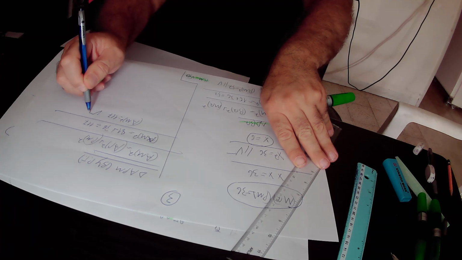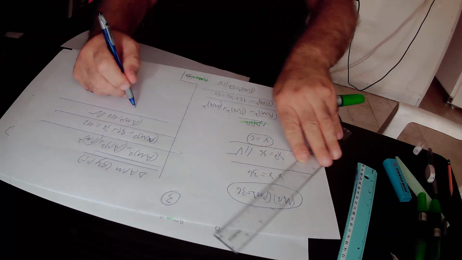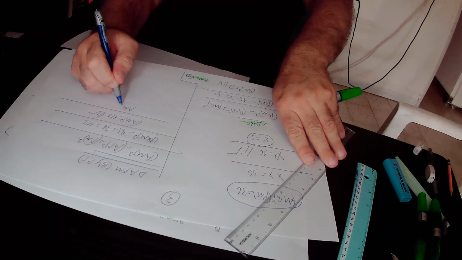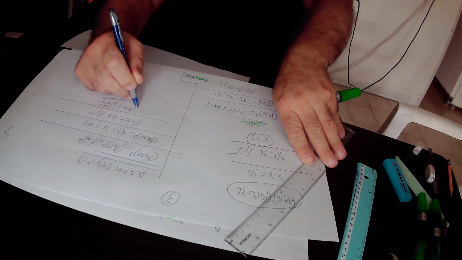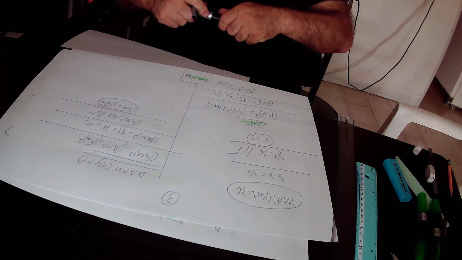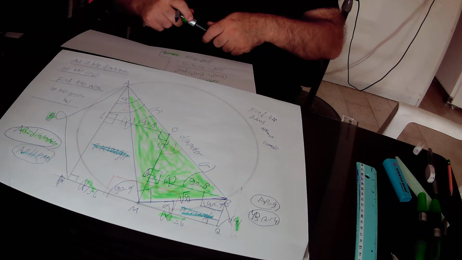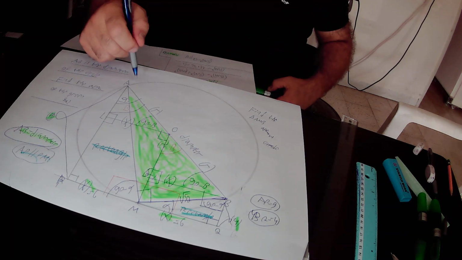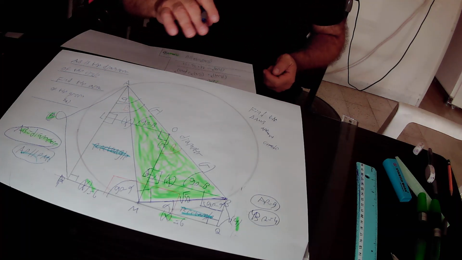Here we take the root of this equation and find again that the hypotenuse AM equals the square root of 117 units in its length. This is the hypotenuse AM. It equals the square root of 117 units in its length.